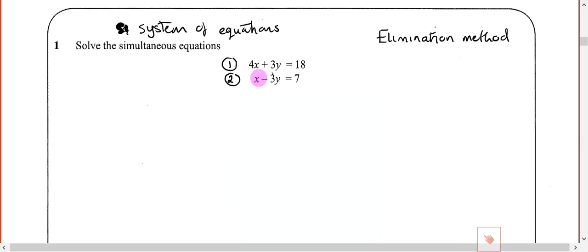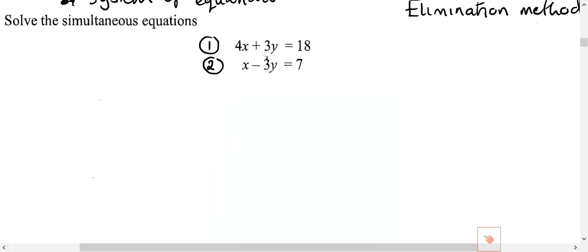If we look at those two, what are we trying to eliminate and get rid of? In this case, it would be the y. Sometimes it could be the x, but we want to get rid of one of the variables.